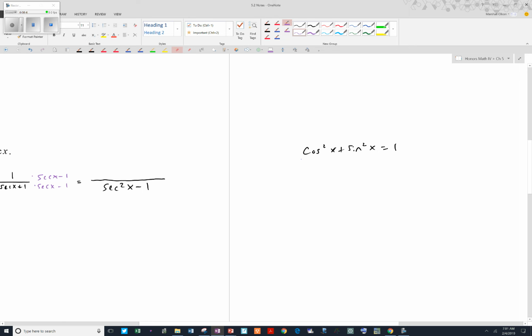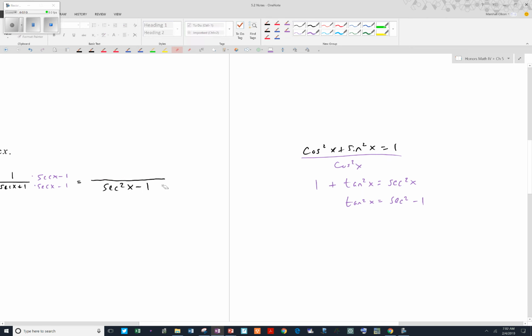So if I divide the whole thing by cosine squared, I get 1 plus tangent squared equals secant squared. Or in other words, tangent squared is equal to secant squared minus 1, which coincidentally is what my denominator is.